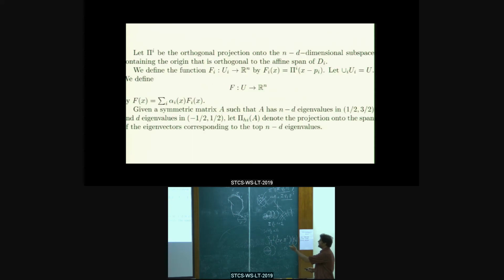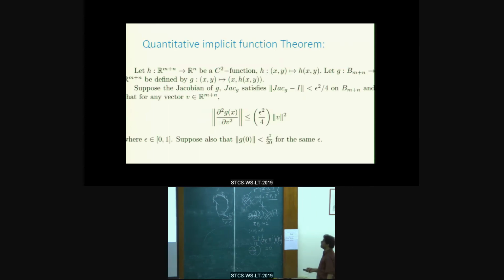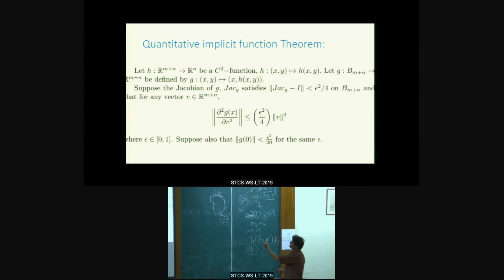So how does one actually get the local computations? One has to use the implicit function theorem to say that this is a solution of some equation, and one has to bound the second derivative of the solution. So we used a quantitative implicit function theorem that has no dimension dependence.